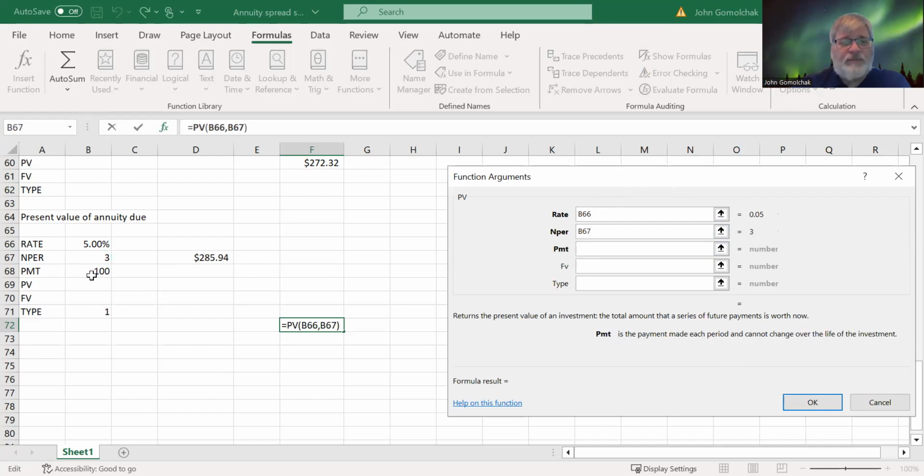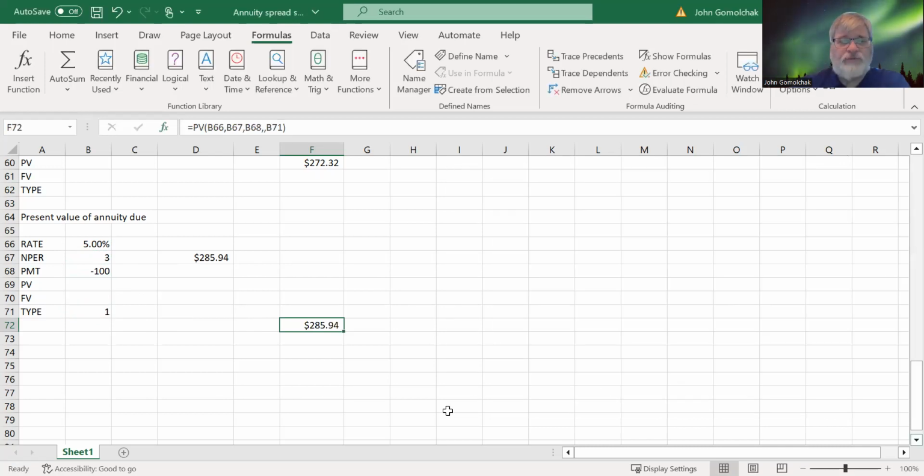Payment is going to be B68. And then we're going to skip future value. Let's put in type. Our type is going to be 1, B71. I click OK. $285.94. Our book says it should have been $285.94. So we're good. All of our tools work.